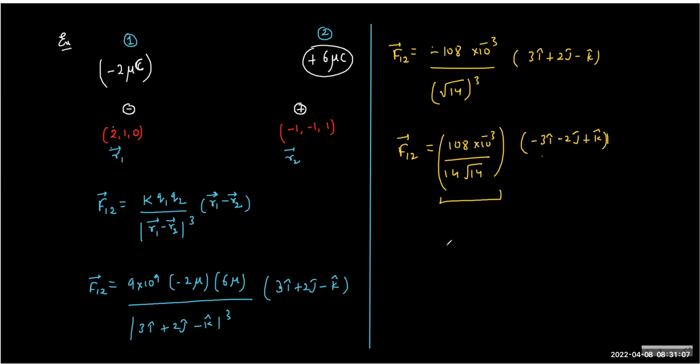So you can use a calculator to simplify this value. But anyway, I'm leaving this part. 108 divided by 14 root 14 is 0.00206.